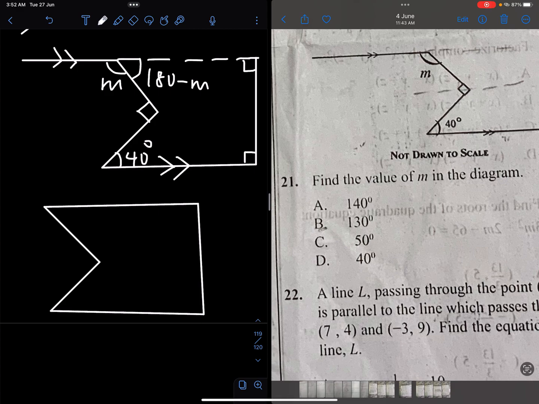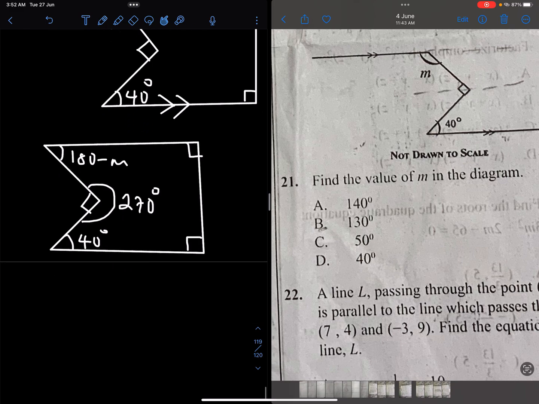Now if this is 90, I know that this is going to be 360 minus 90, that's 270 degrees. I hope that's correct. This angle is 180 minus M. This is 90, and this is also 90, while this is 40 degrees.